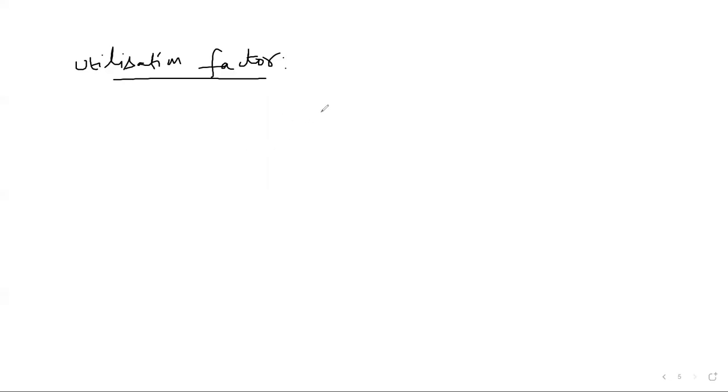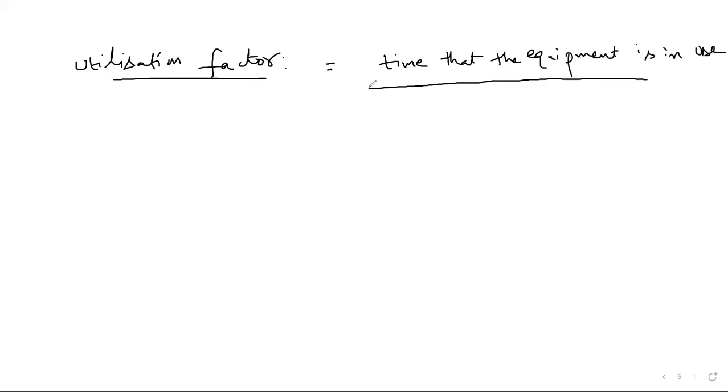Or simply you can write it in terms of time of usage of the corresponding equipment. That is, the time that the equipment is in use divided by the total time that it could be in use.